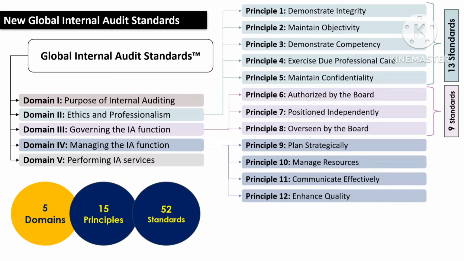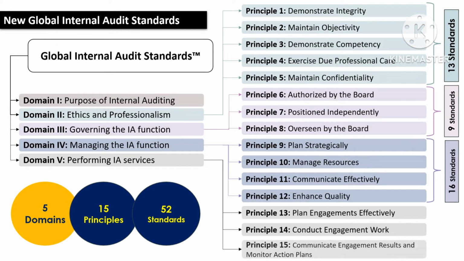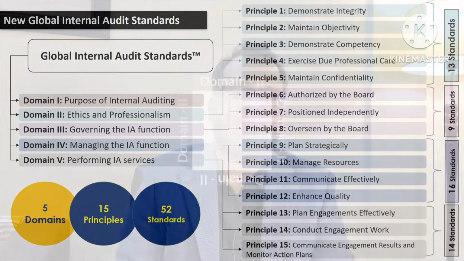The principles are really linked with the domain, and it has 16 standards. And the last domain, which is performing internal audit services, has 3 principles: plan engagements effectively, conduct engagement work, and communicate engagement results and monitor action plans. And it has 14 standards.